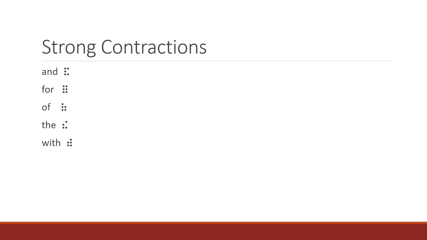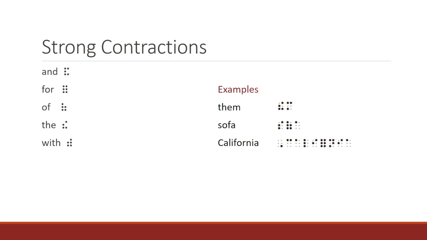The word OF, which is dots 1, 2, 3, 5, 6. The word THE, which is dots 2, 3, 4, 6. And the word WITH, which is dots 2, 3, 4, 5, 6. These strong contractions are both word signs and group signs.